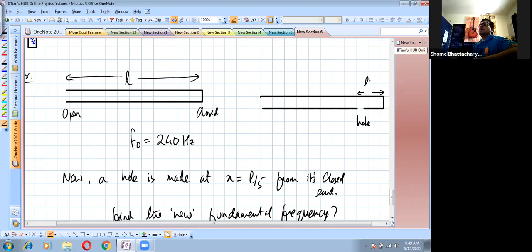A distance of L by 5 from the closed end. So what is the new value of fundamental frequency that is there? Just try this out.